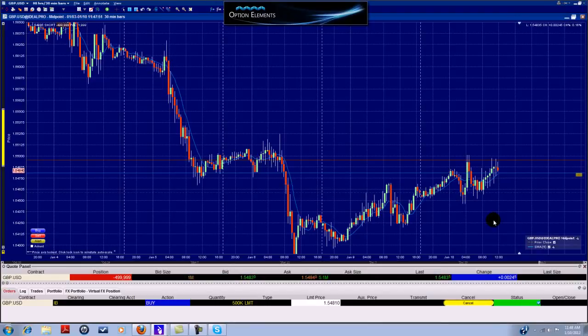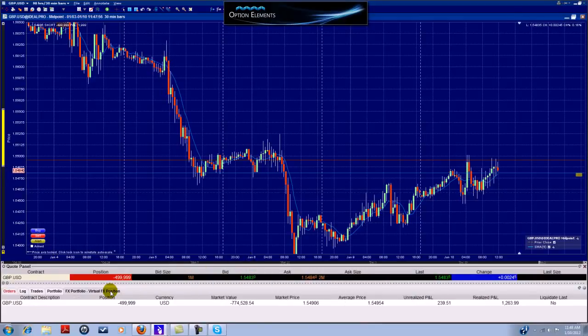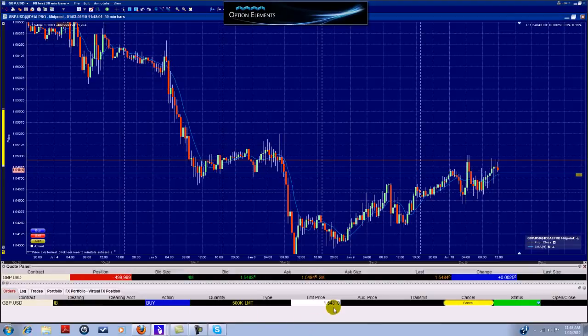We sold it at 95 and we're buying at 81, so that's a 14 pip range. On 500, that's 14 times 50, which is $700, and on our account that's about 1%.